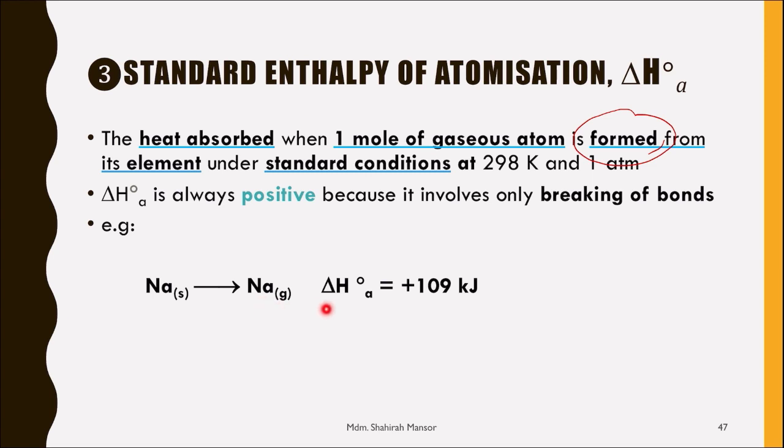This definition has these two conditions because the name is standard enthalpy of atomization. If the name is enthalpy of atomization, these two conditions could be at any pressure and temperature. That is the difference between standard enthalpy of atomization, delta H naught A, and enthalpy of atomization, delta H A.